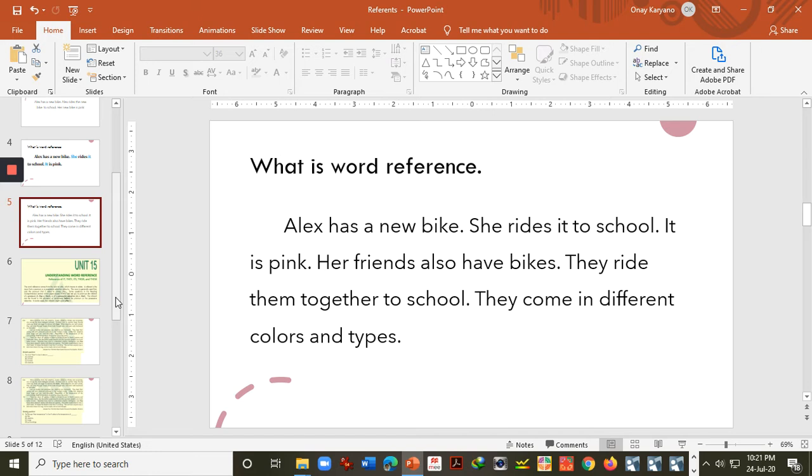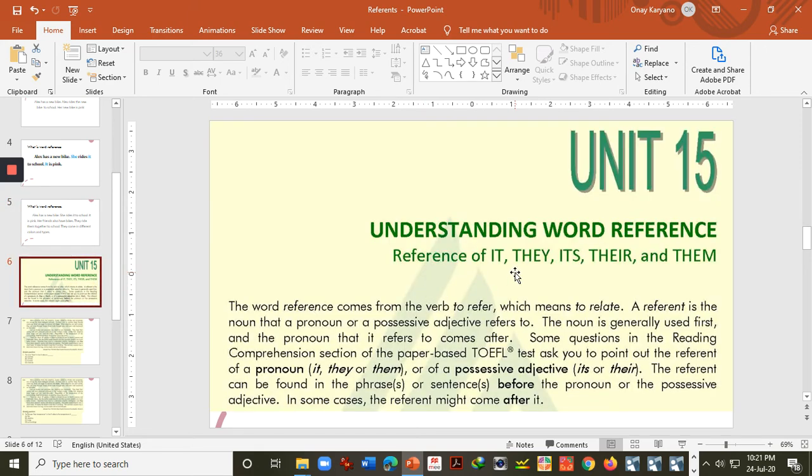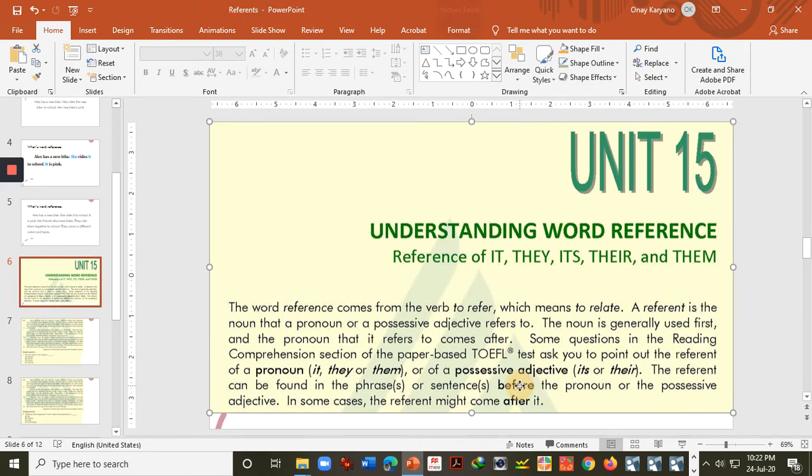Another rule that you have to remember is that the reference it atau they atau them itu dia selalu datang setelah kata yang digantikan. Tidak mungkin dia datang sebelumnya. Jadi the noun comes before the pronoun, right? Okay.